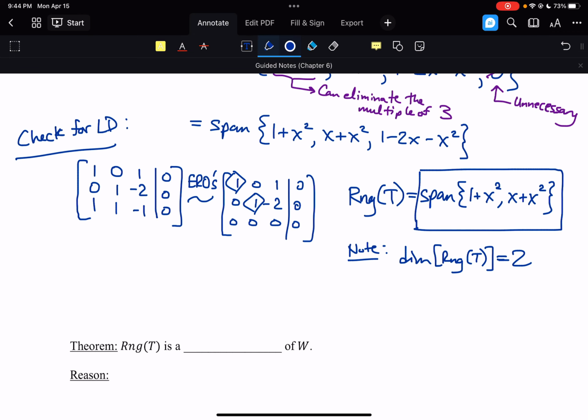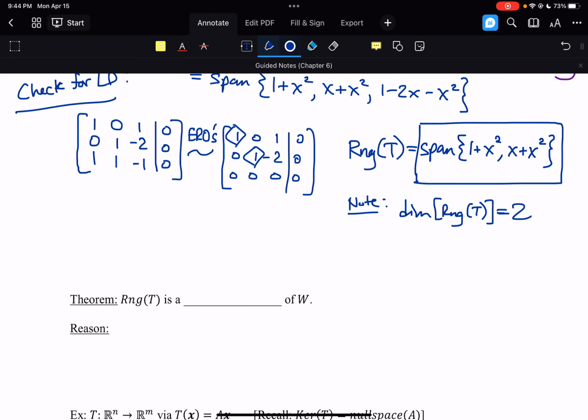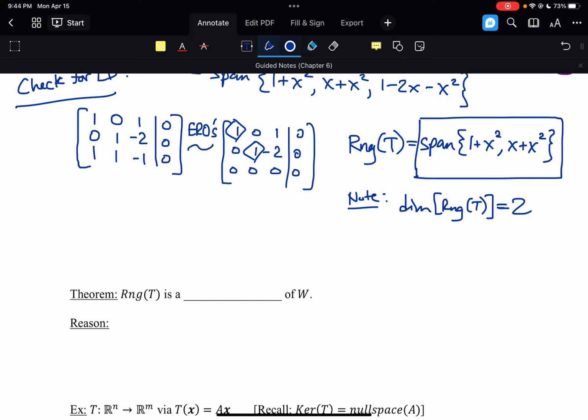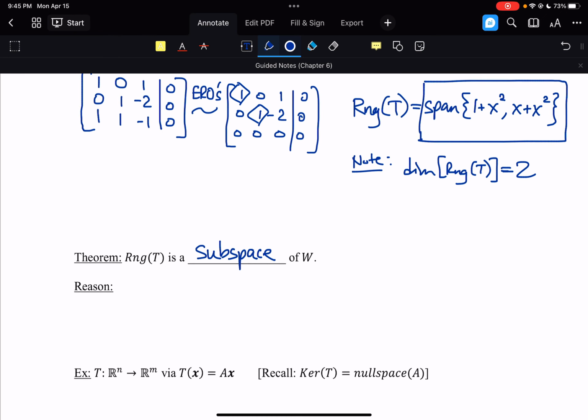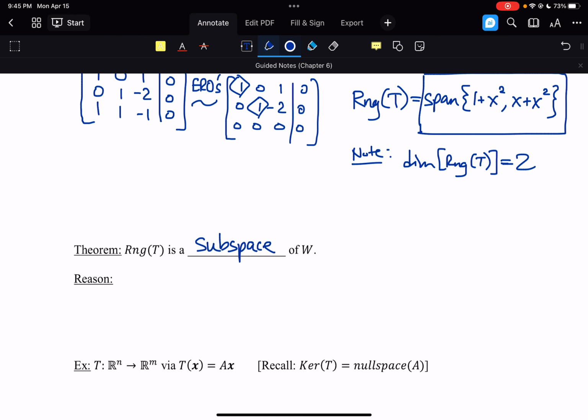Just like we saw that the kernel was a subspace of V, the range is a subspace of W. We always kind of have to keep these straight.